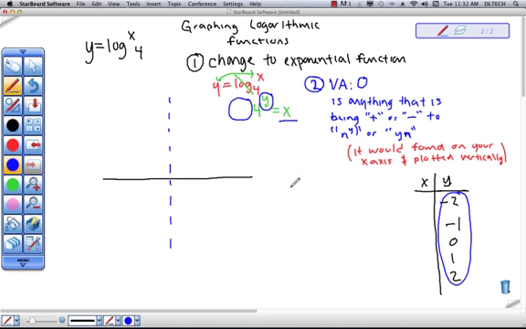Okay, so let's go ahead and do that. 4 to the -2 is equal to x. 4 to the -1 is equal to x. 4 to the 0 is equal to x. 4 to the 1 is equal to x, and 4 to the 2 is equal to x. 4 to the power of -2 is 1/16.